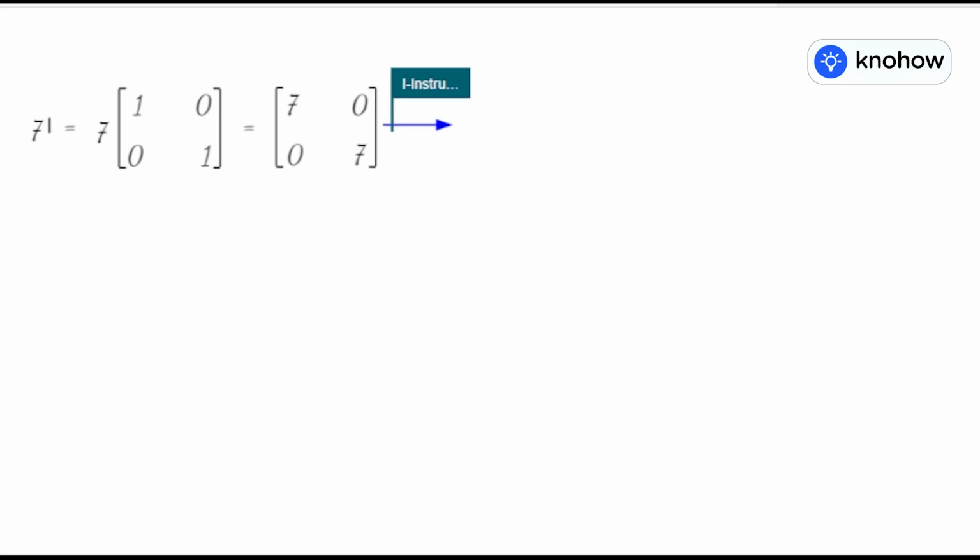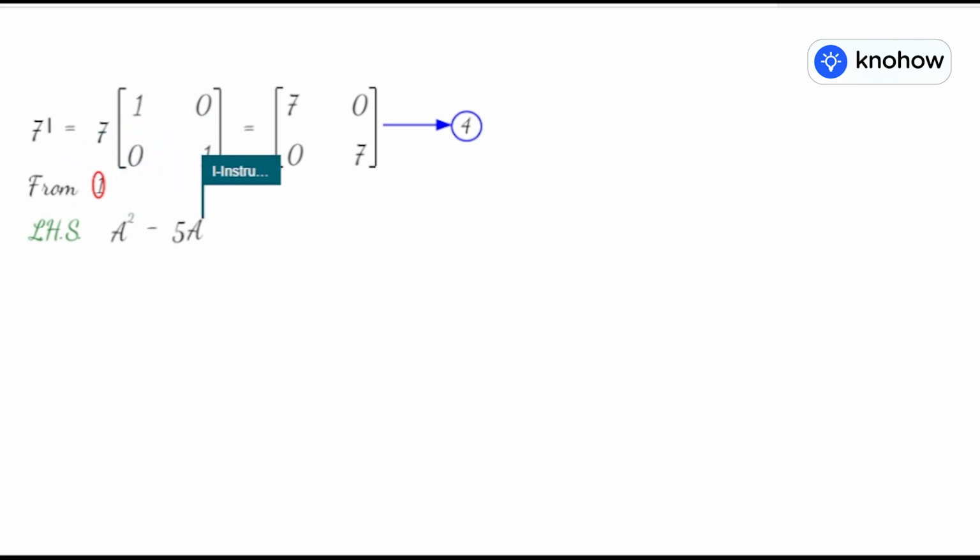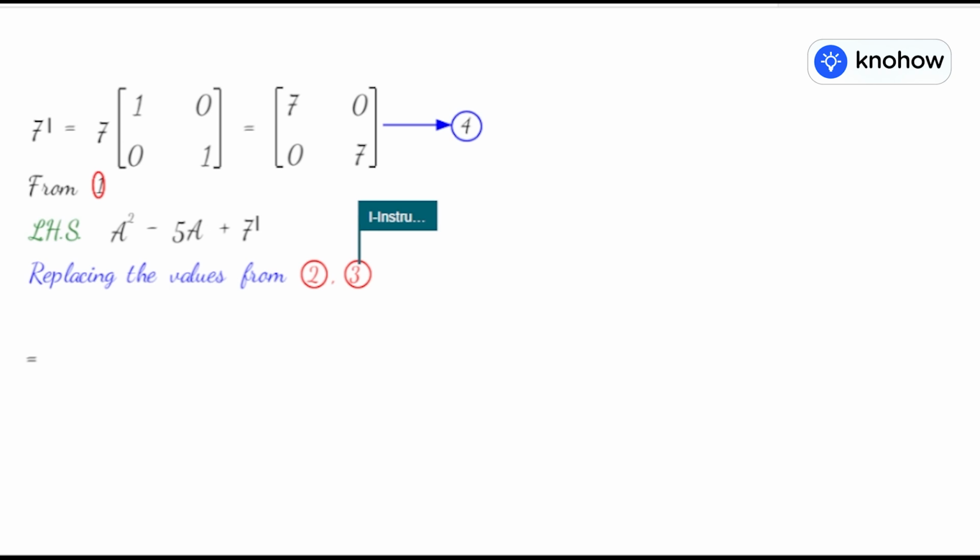Call it fourth. Now when we have worked out A square, minus 5A and 7I, let us add them. So from 1, the left hand side is A square minus 5A plus 7I. Replacing the values from second, third, and fourth, you get A square, which we worked out as 8, 5, minus 5, 3.